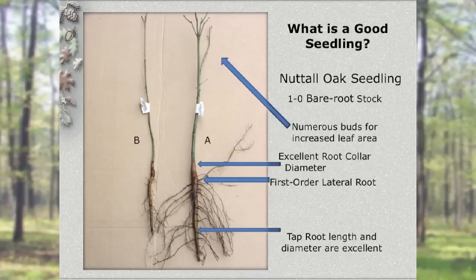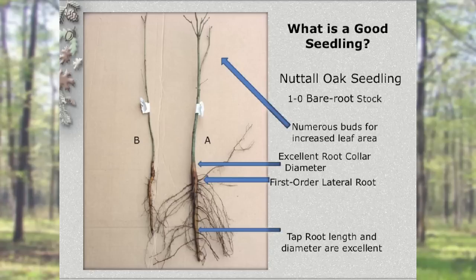So really, what is a good seedling? Here I've depicted a nuttall oak seedling, 1-0 type of bare root stock, both seedling A and B, with A being the high quality individual, B being the poor individual. The first thing we're looking at is what type of root collar diameter we have.